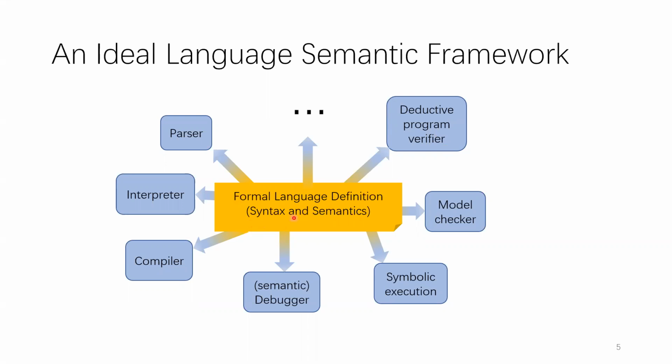Then the framework will automatically generate all the language tools from the formal definition for that language. And these tools include the basic execution tools such as parsers, interpreters, compilers, to formal analysis tools such as the deductive program verifiers and model checkers.